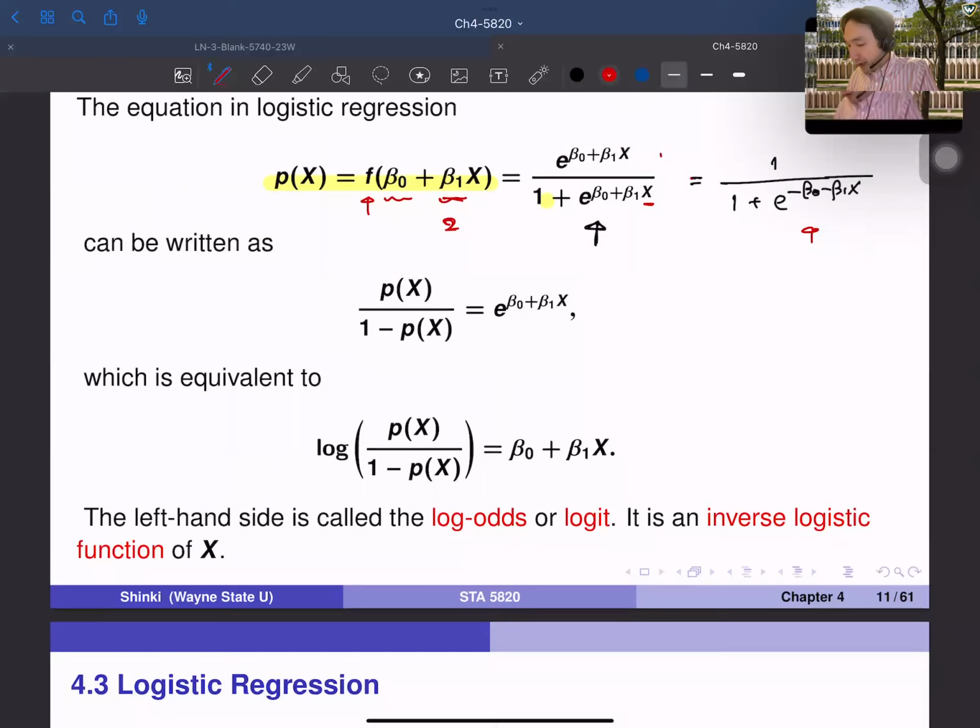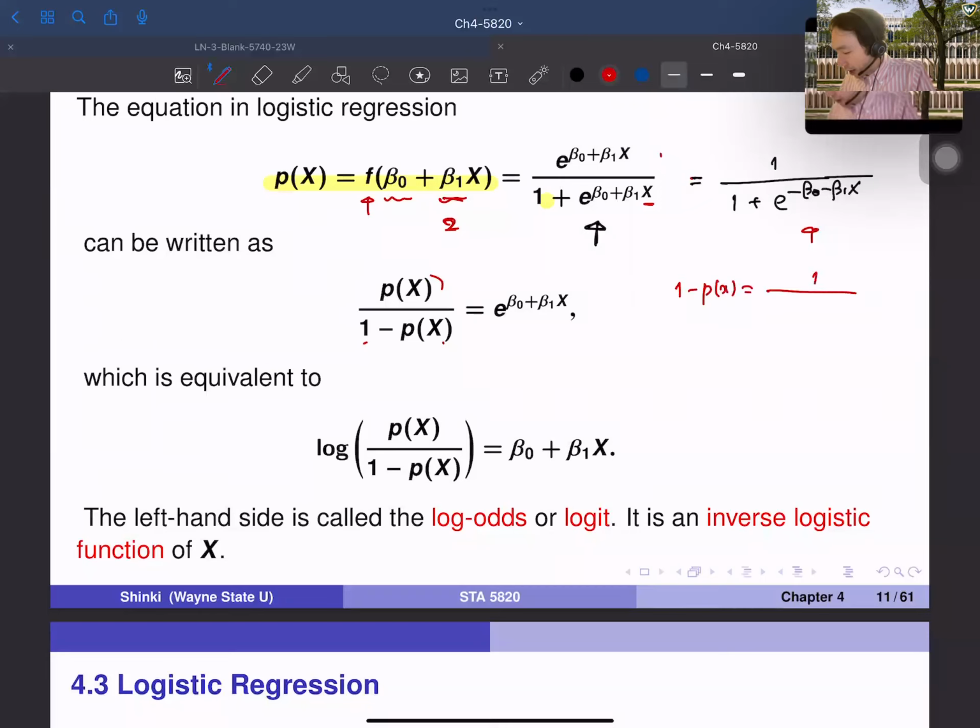How do we do that? This is ad hoc, but we think about p of x over 1 minus p of x. Then 1 minus p of x is equal to 1 over 1 plus e to the power beta naught plus beta 1 x, right?